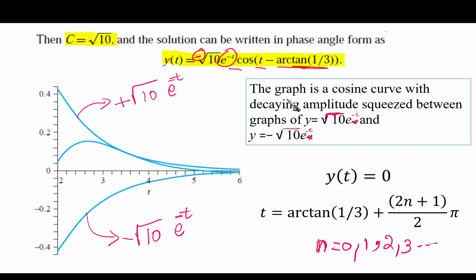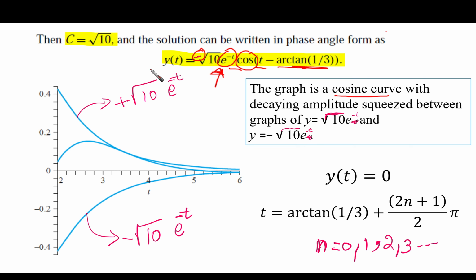Okay, what is the point here? We want at the end to graph it. Look here. From this phase form, we can say many things. The graph is a cosine curve. Now it is very easy for us to say it, a cosine curve. And it is decaying by an exponential form. So we have a cosine curve here, and it is going to be enveloped by 2 envelopes.